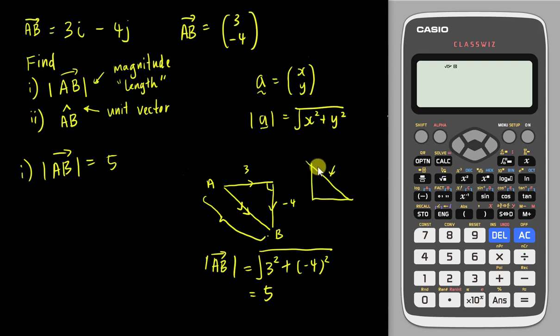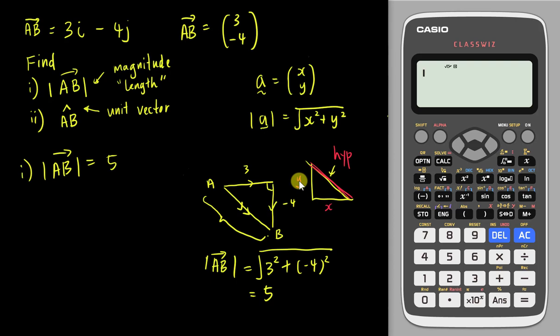You know this line here, we call the hypotenuse, isn't it? So this calculator will help you to straight away find the length of the hypotenuse, but you need to insert both your x value and your y value first.